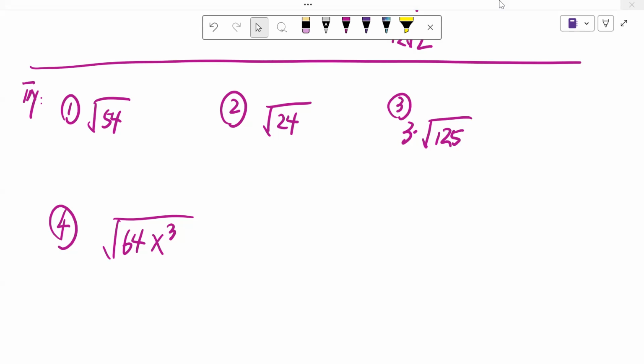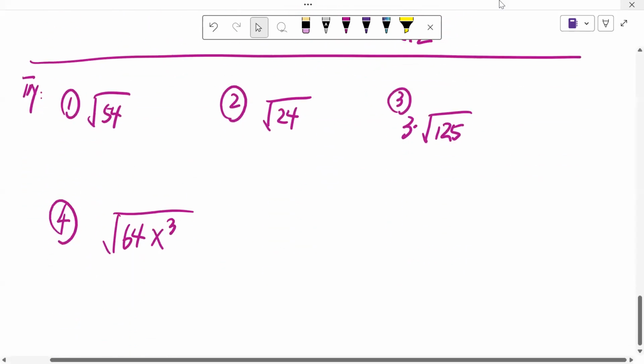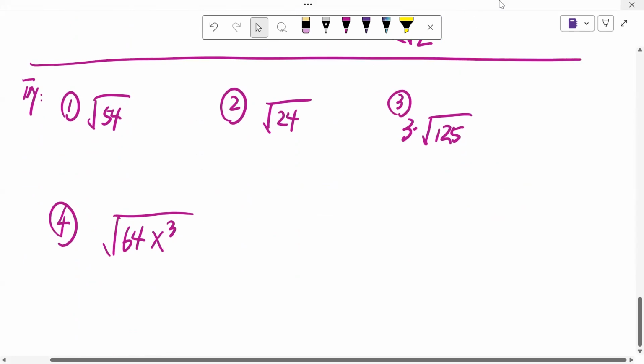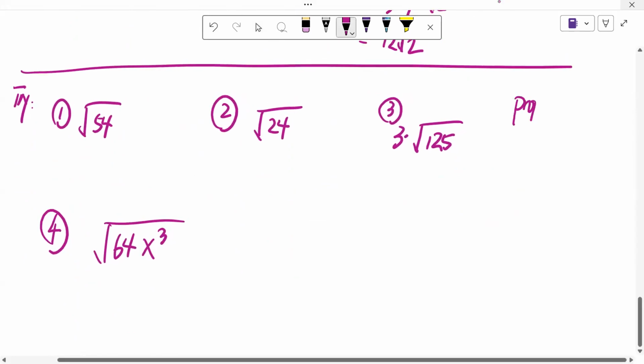And let's go over the solutions. So before that, let me put down this property, right? This is also an important property. The square root of x squared will be x, assuming x is greater than 0.